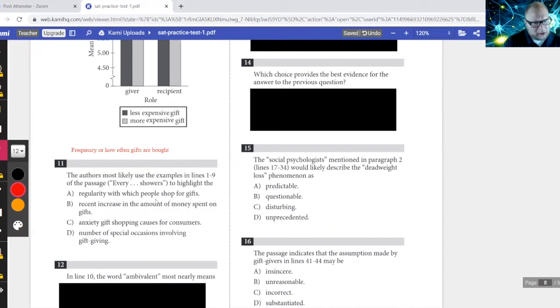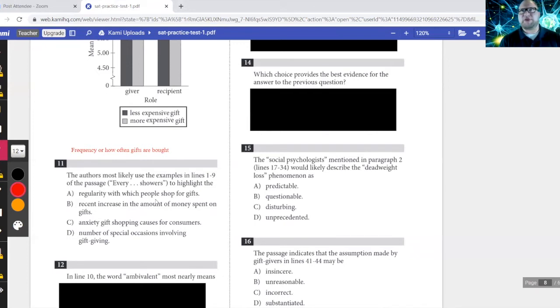Well, regularity of which people shop for gifts. Now that looks almost identical to what we annotated with the main idea. So we're going to definitely keep that one. Recent increase in the amount of money. That wasn't discussed. That wasn't even the main idea. Anxiety gift shopping causes for consumers. Number of special occasions involving gift giving.